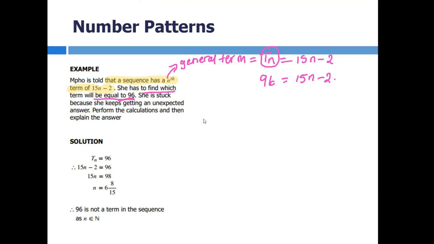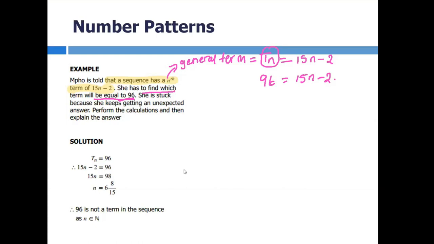That's why she was stuck, isn't it? When she performed the calculation, she realized that there was a decimal, but we are looking for a term number, and a term number cannot be a decimal. So what does that mean? It means that this particular number is not part of the sequence.